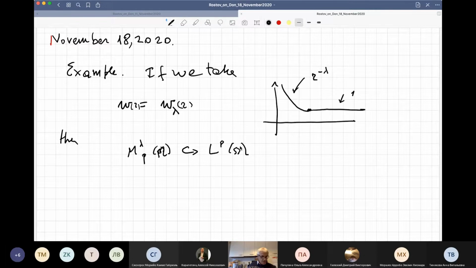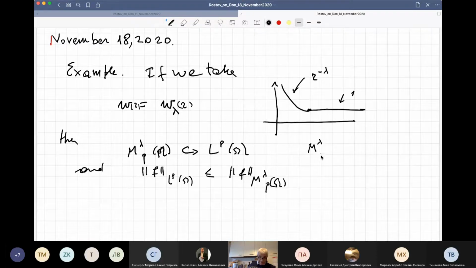And we also have the inequality that the LP omega norm of F is less or equal than the M lambda P omega norm of F. I remind you that M lambda P omega was the Morrey space associated to the weight W lambda.